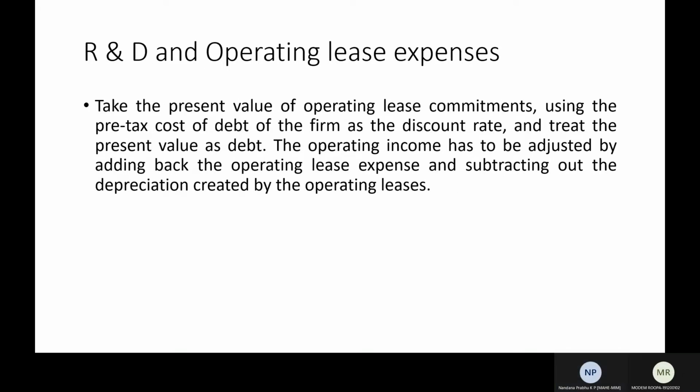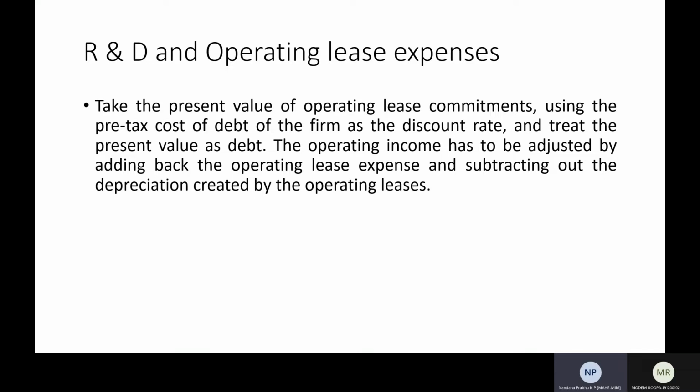R&D is considered by accountants as a revenue expense, but in the FCFF valuation model, or while valuing a company, we have to treat it as capital expenditure.